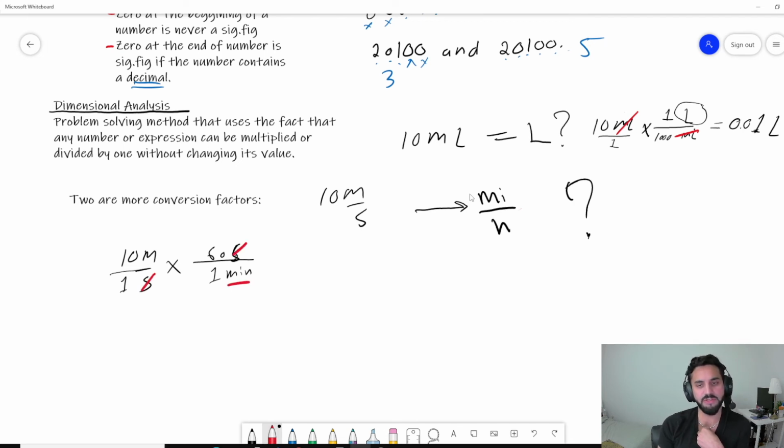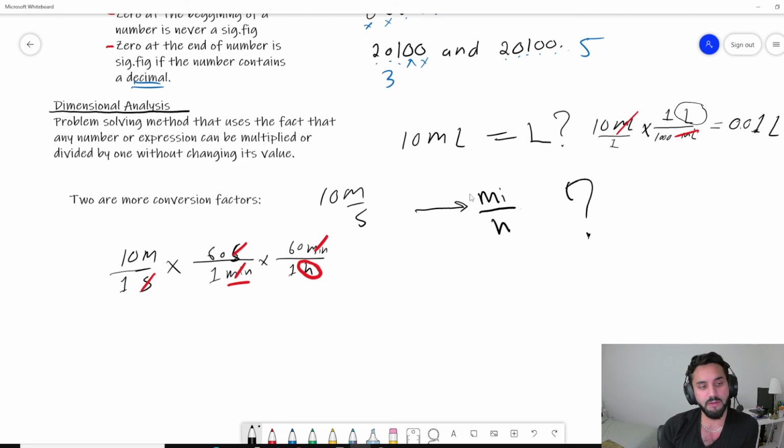But I don't want it in minutes, I want it in hours. So I keep going, times, I know that in 1 hour there are 60 minutes. And right away you can see that my minutes cancel out and leave me with the answer in hours. Good, so we're done with time.